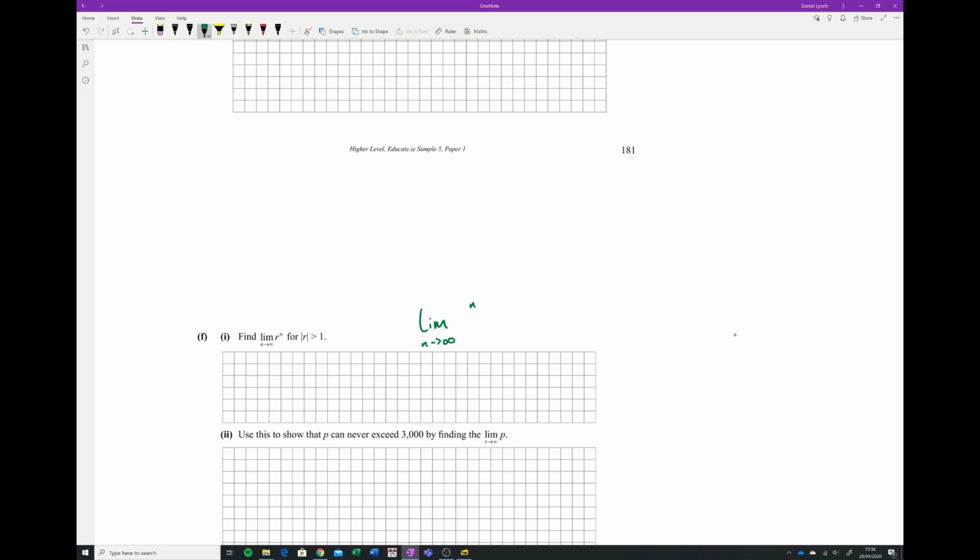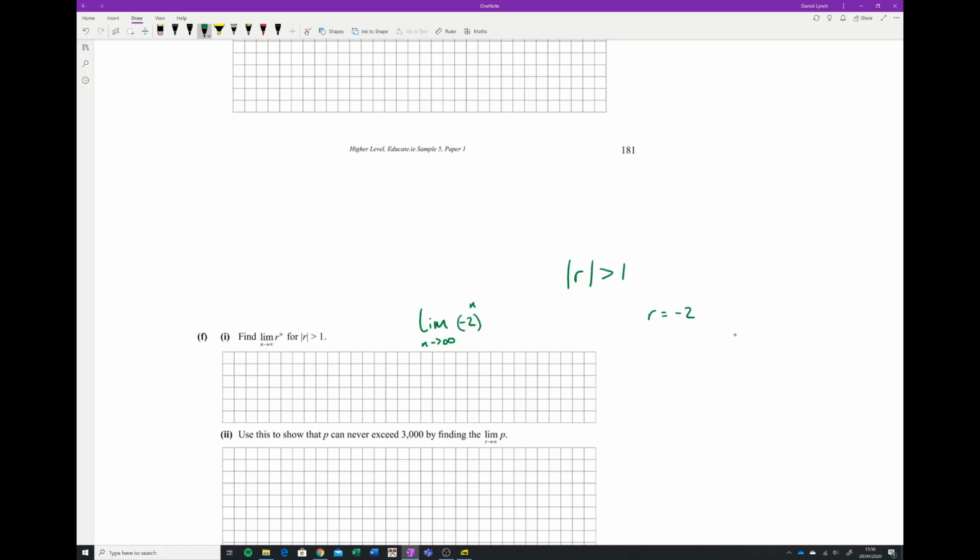You've got to be a little bit careful here. It says if the absolute value of r is greater than 1. So let's just think about this. Could r be minus 2, for instance? r could be minus 2. So just be a little bit careful with minus 2. What's the story here? In this case, where is it headed towards as it goes to infinity? Well, it's not headed towards one particular place.